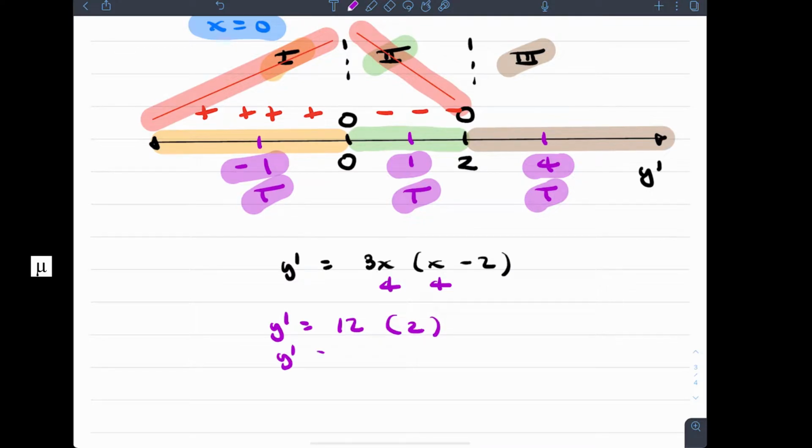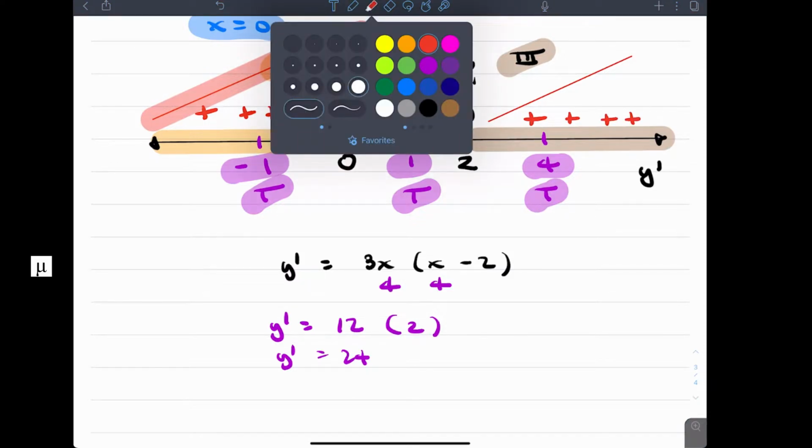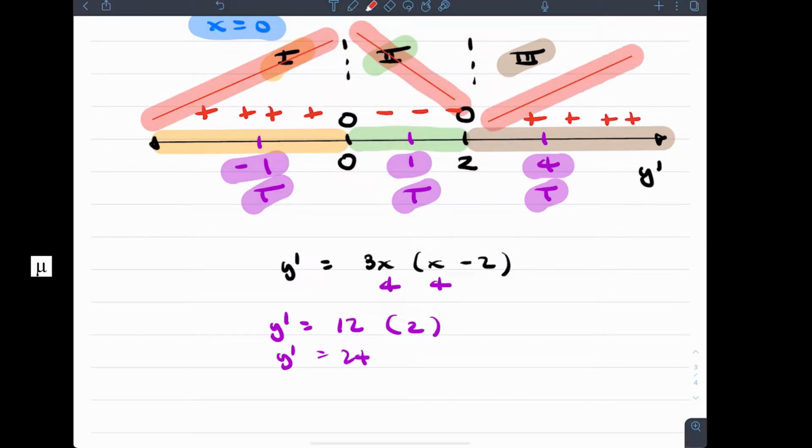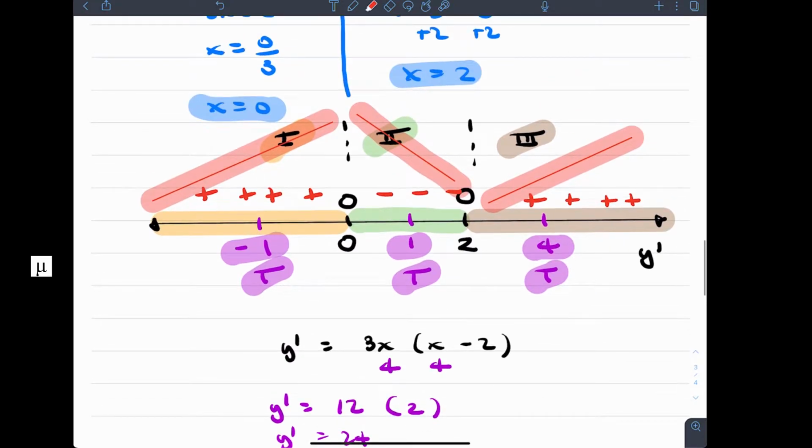So y prime will be 24. Is that right? So if it's 24, what's the deal? It's an increasing slope. This is a positive number. It's increasing. Now, what you guys are looking at is gold. You're looking at a lot of things, in all honesty.